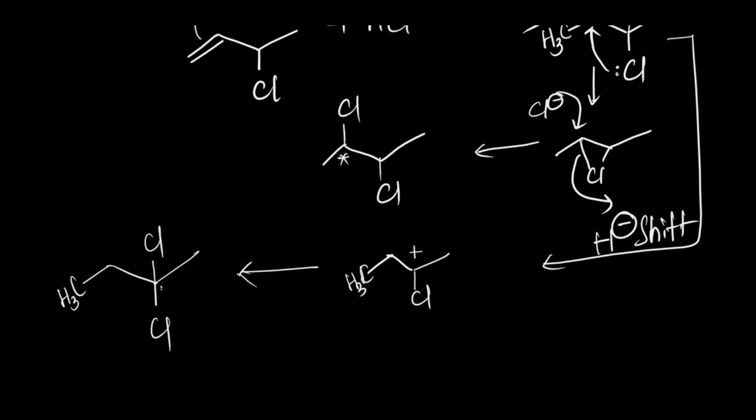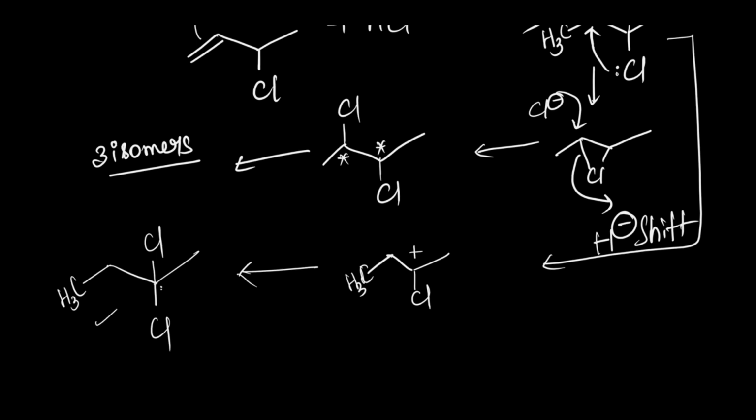But in this case, I can have 2 chiral carbons, which can give 3 isomers: above the plane, below the plane, or both are above the plane or both are below the plane, and this will be one product.